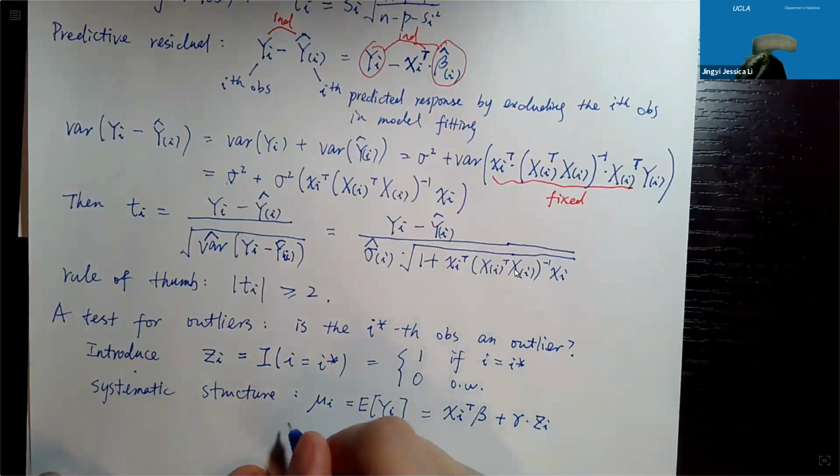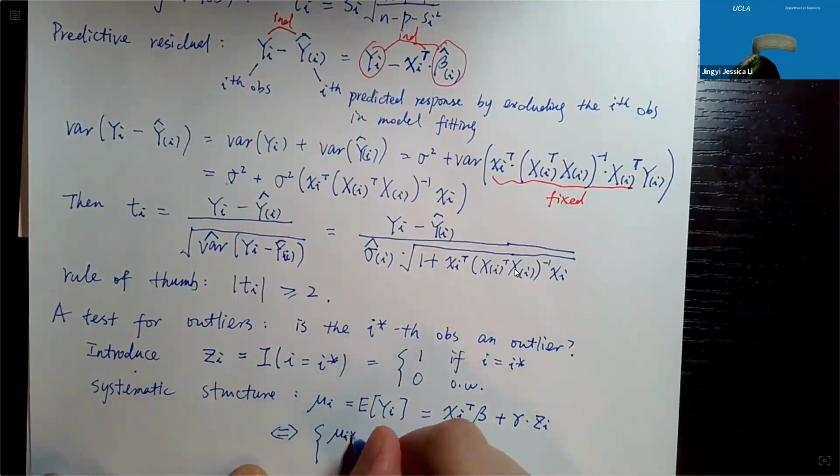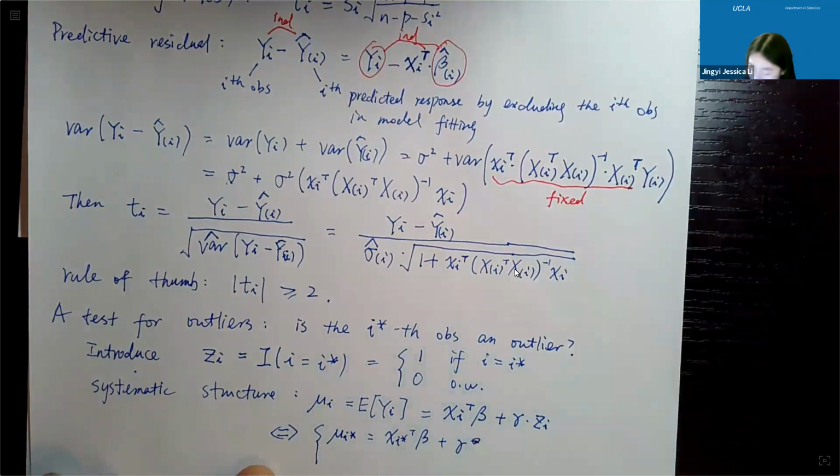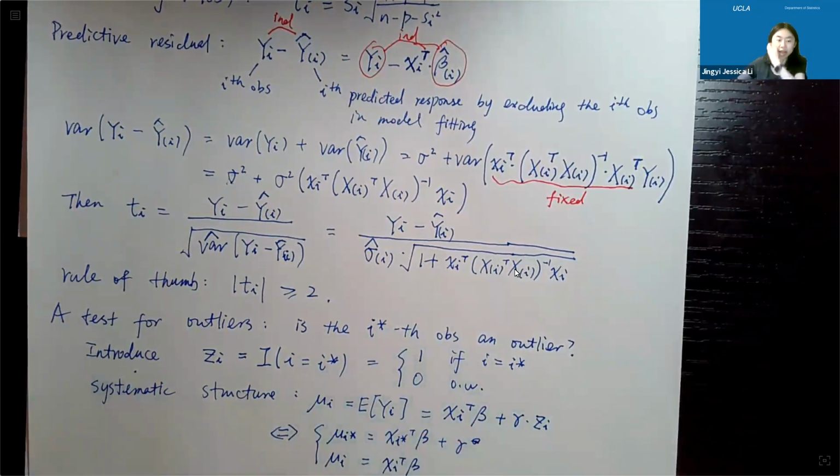This is equivalent to saying that I have mu I star equal to xi star transpose beta plus gamma as an offset, and for the other observations, I just have the linear term. So this draws our attention to gamma, right? Then we're translating the outlier detection problem to testing whether gamma is 0.